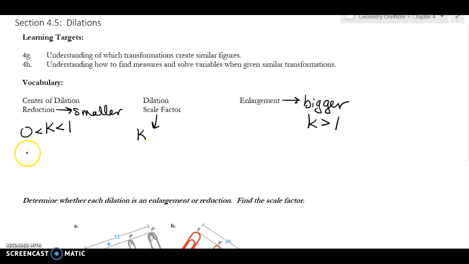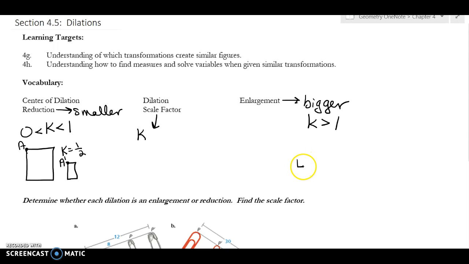So let's say I have a rectangle and I make it smaller. I'm trying to make it half the size. So this would be K is equal to 1/2 because I made it half the size of the original one.